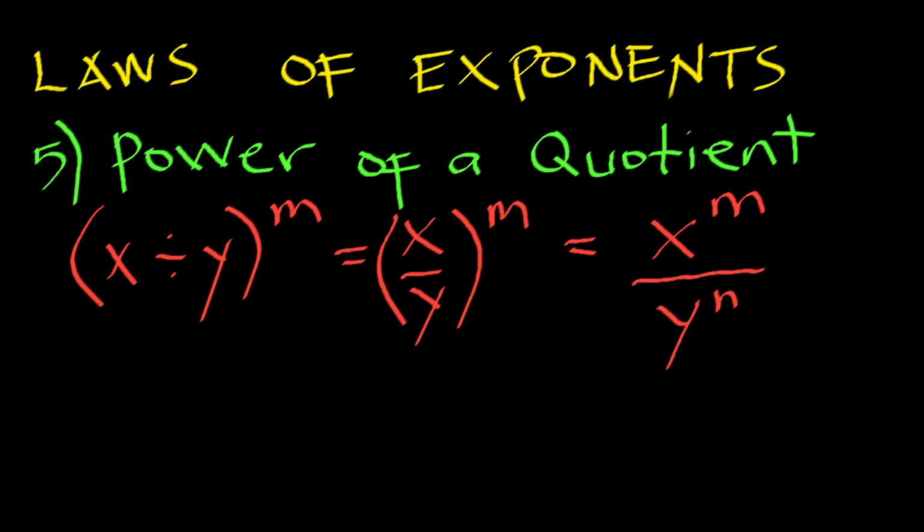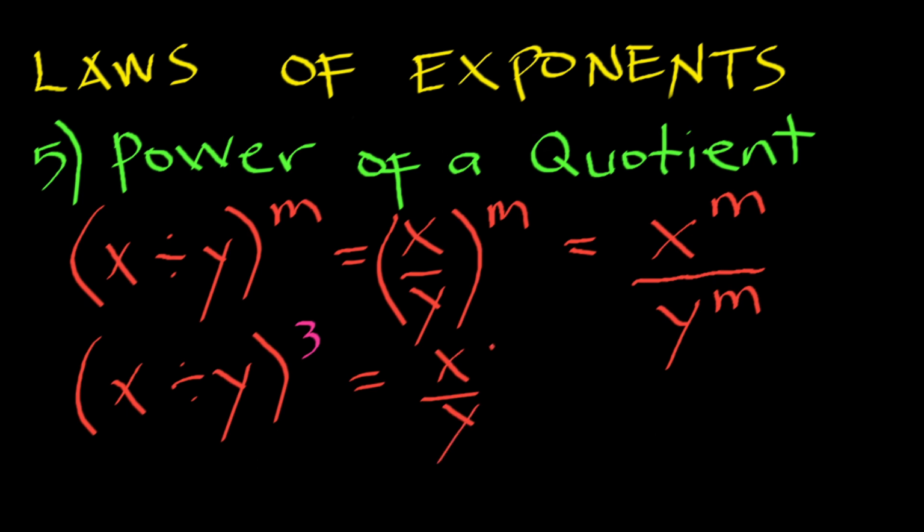If we have x divided by y, quantity raised to 3 or quantity cube, we can write it out as x over y, quantity cube. So the final answer will be x cube over y cube.